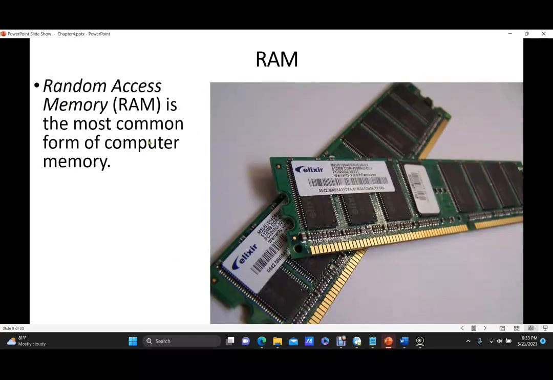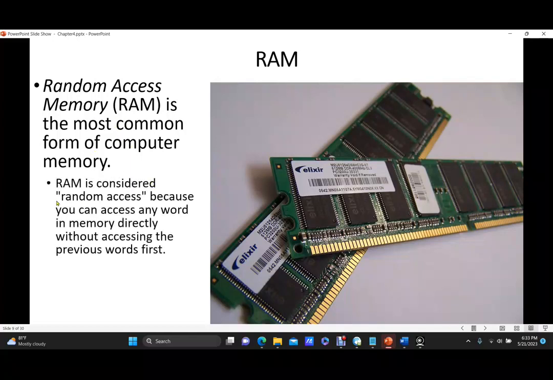The most common form of computer memory is called random access memory, or RAM. It's considered random access because each word in the memory can be accessed, identified without accessing other words first, can be accessed directly.